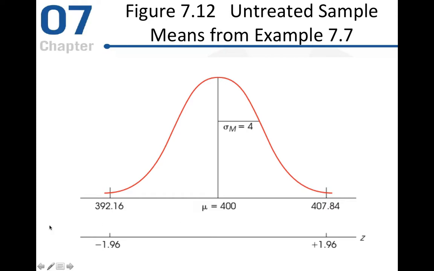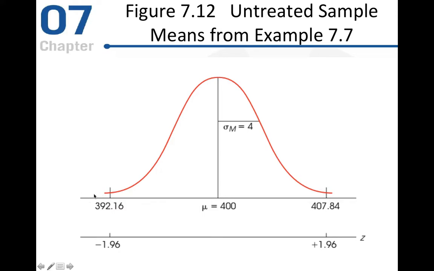And so that's why we have z-scores of 1.96 and -1.96, because anything beyond that, this tail is going to be 2.5% and this tail is going to be 2.5%.